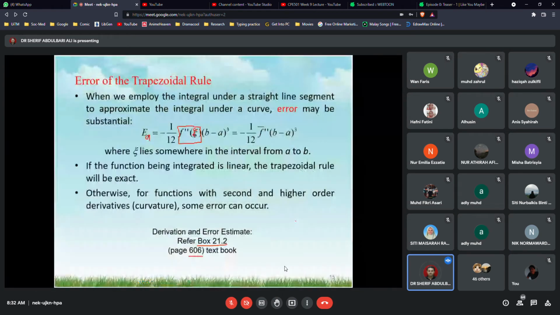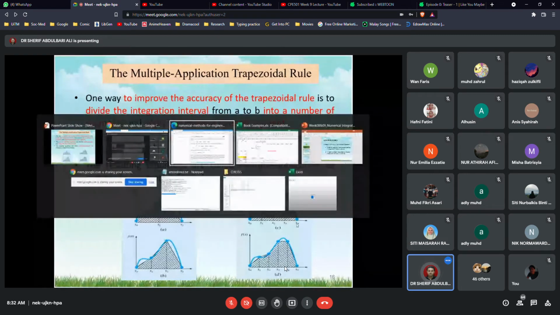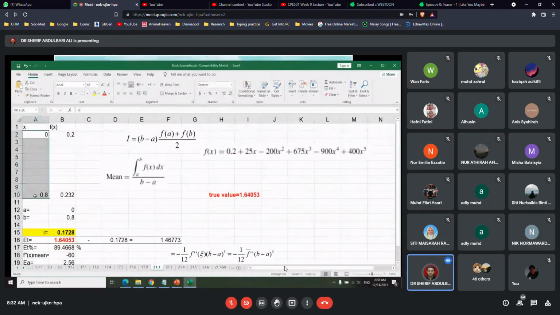Okay, so the next thing in here, still we are talking about the trapezoidal rule. In the previous example, we used the trapezoidal rule just for one segment, from 0 to 0.8, and we didn't divide the area between a and b into any other segments.